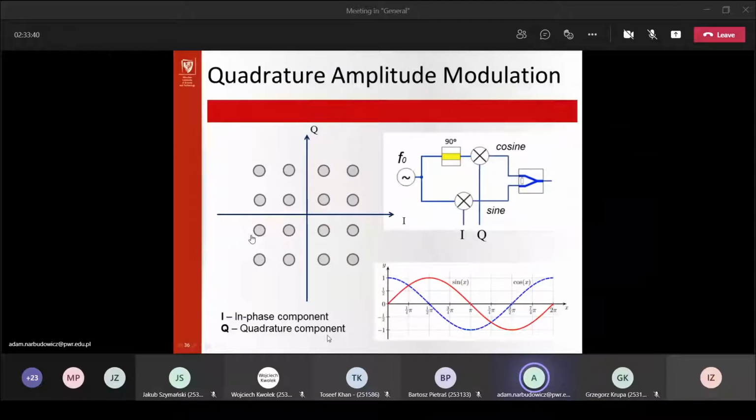And then the quadrature component, that's the amplitude which modulates your cosine function. And with that, it's actually very convenient to represent your modulation or your symbols on a complex plane where I is considered as the real axis, whereas Q, the quadrature component, is considered as the imaginary axis.